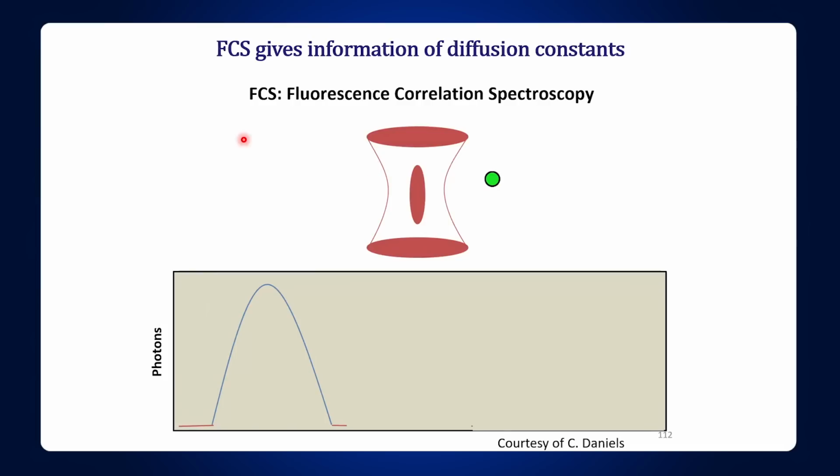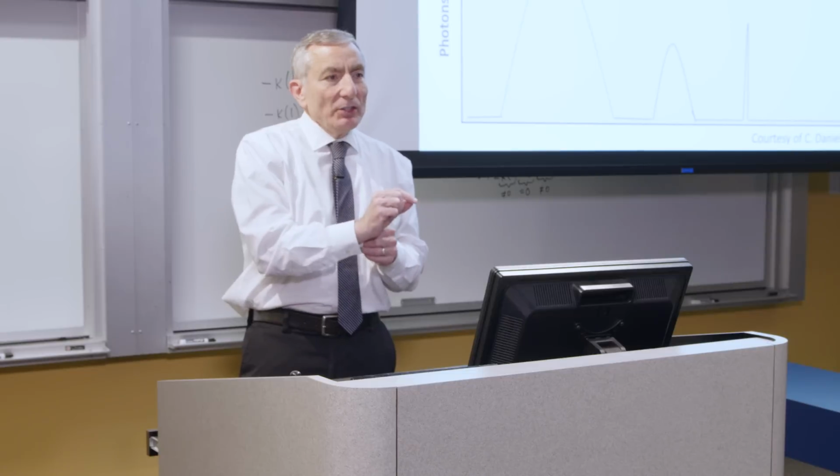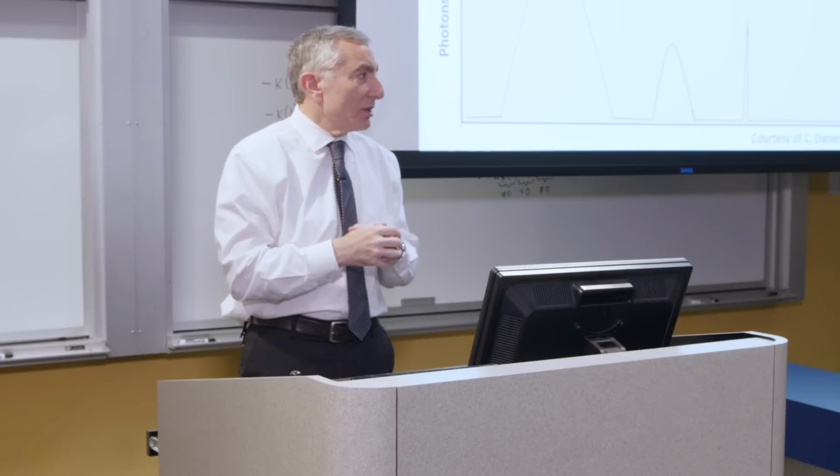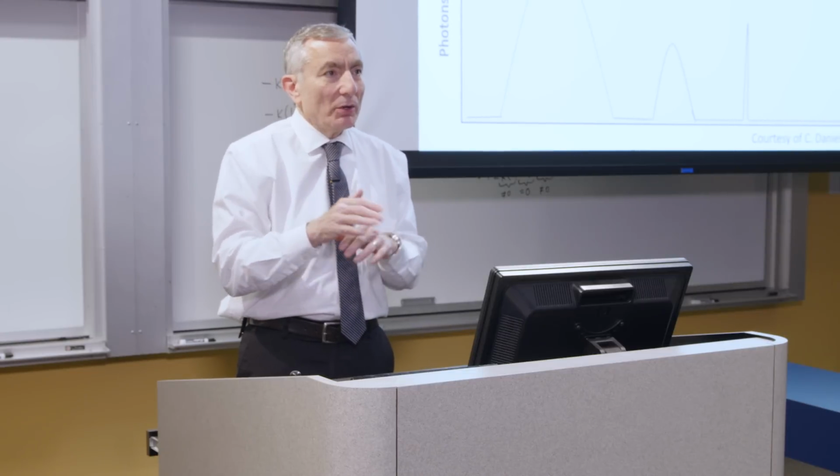You're recording the amount of time that it spends in that volume. It might spend less time in the volume, or even less. So by the amount of time that you see it in this field of view, you can back out a diffusion constant, how fast this thing is going around.